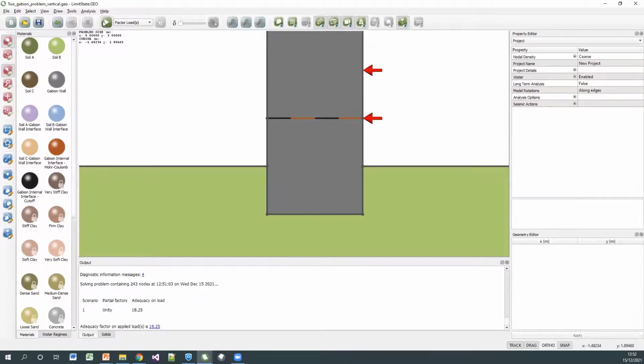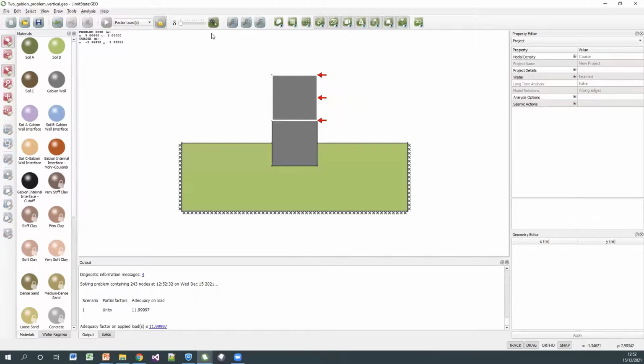If I click solve, what happens is I get sliding, and I get a load of 12, which is what I expect. The weight of the block is 24, multiplied by tan phi, which is 1/2, I get 12, which is the required load to cause that to slide. So that's as I expect. But the software is still able to model rotation.